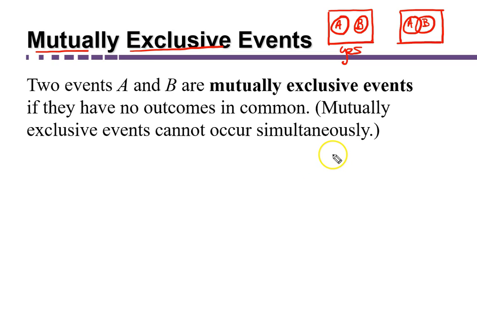Is putting on a shirt and putting on a sweater mutually exclusive? And the answer is no, because you put one thing on top of the other. So they're kind of tied up together. Now, how about putting on a shirt and putting on shoes? That would be mutually exclusive. One thing doesn't have to do with the other. They don't go on the same part of the body.